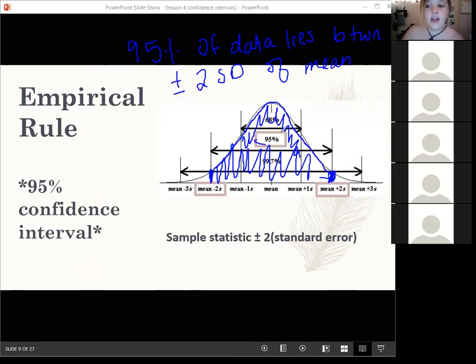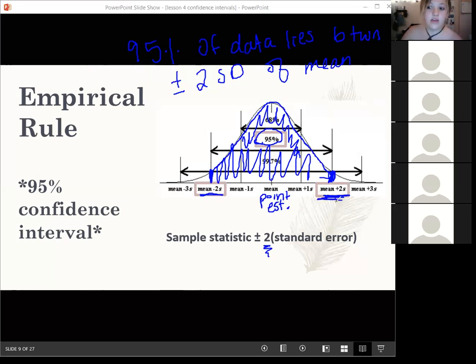So when we're finding a 95% confidence interval, that's why we use our multiplier of 2, because we're referring to the fact that it's plus or minus 2 standard deviations. Whatever our mean is, remember this is going to be our point estimate. So whatever our point estimate is, we're multiplying it by how far out we're trying to go.